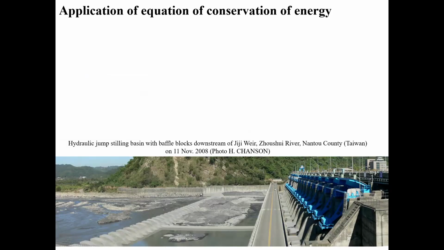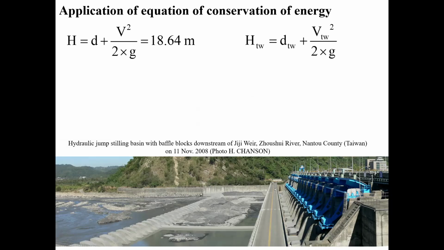We can also apply the equation of conservation of energy by defining the upstream and downstream total head, upstream and downstream of the hydraulic jump. The head loss is delta H, and the power dissipated in the hydraulic jump is rho g B Q times delta H.